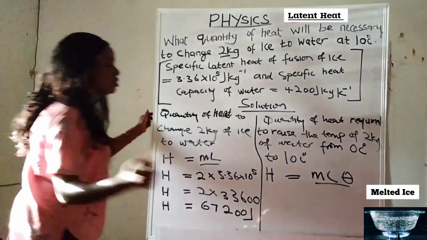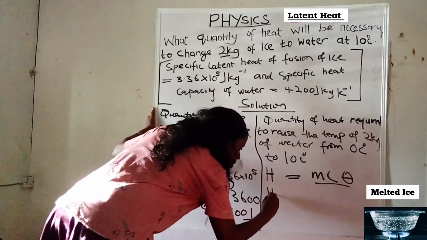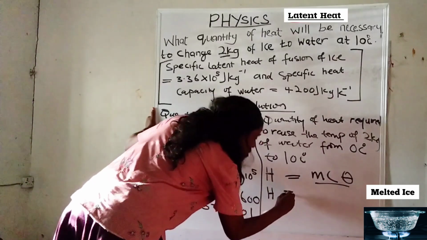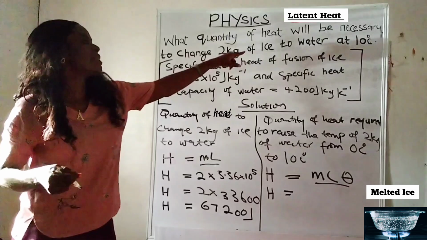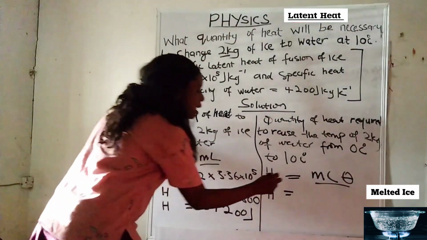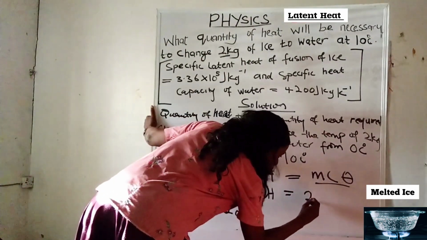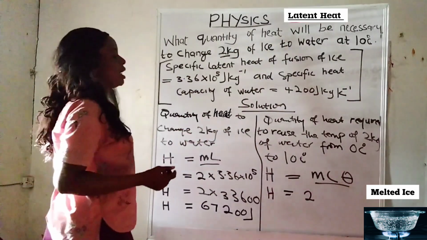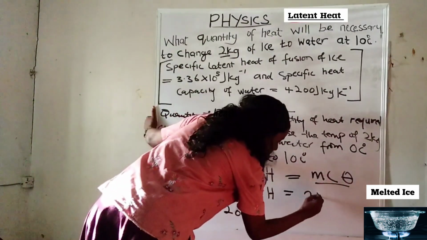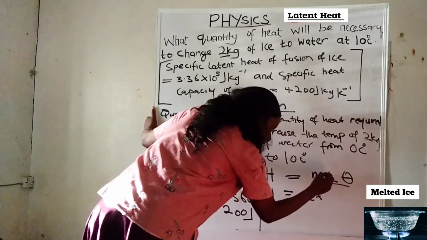Okay, let's continue. So H, the quantity of heat, is equal to M, which is still the same 2 kilograms of ice that is melted to water. So I write here 2. Now substitute these values into this formula, times C. What is C?